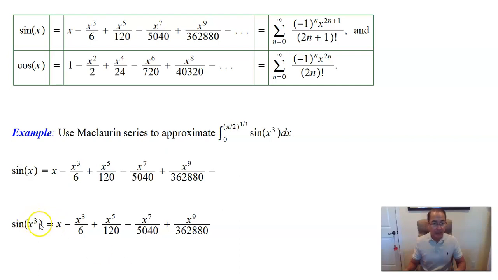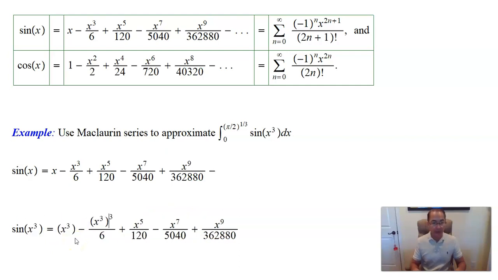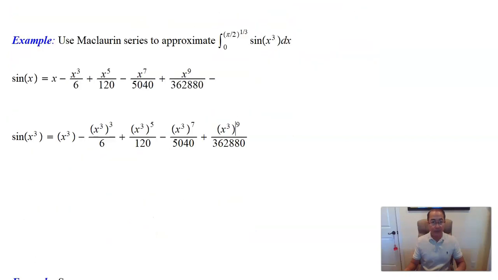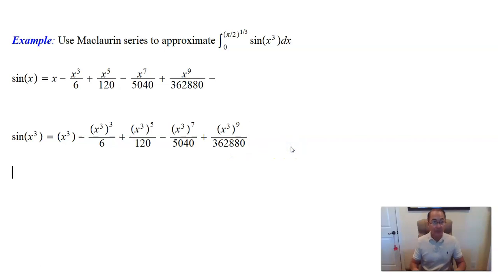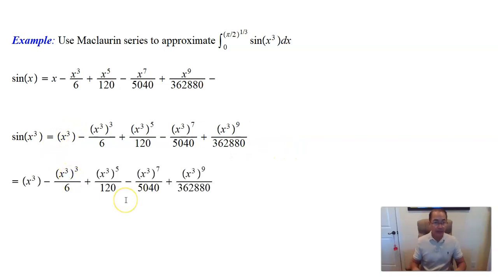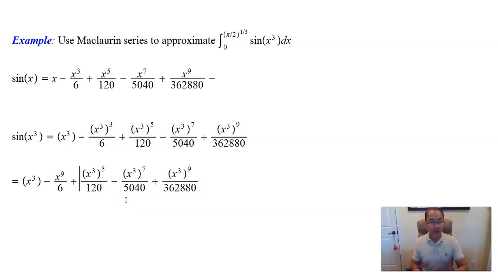And you'd better use parentheses, especially for these terms over here, because we are gonna get x cubed cubed, x cubed to the 5th, x cubed to the 7th, and x cubed to the 9th. And everybody knows their rules for exponents, don't we? So we have x cubed to the 3rd is x to the 9. X cubed to the 5th is x to the power 15.